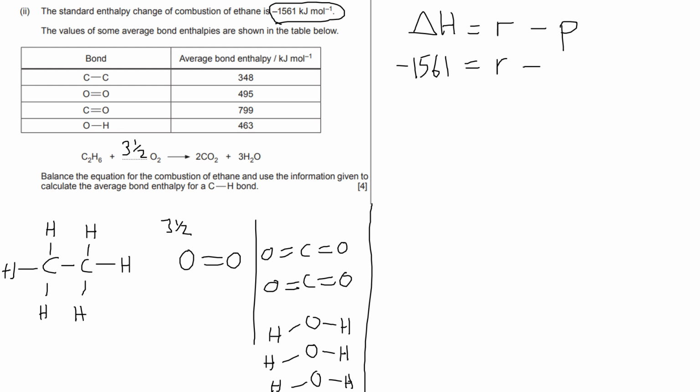You've got 2 lots of CO2, so that's 4 lots of the CO bond. So that's 4 lots of 799. Plus, you've also got 3 lots of water, so that's 6 lots of the OH bond, which is 463.